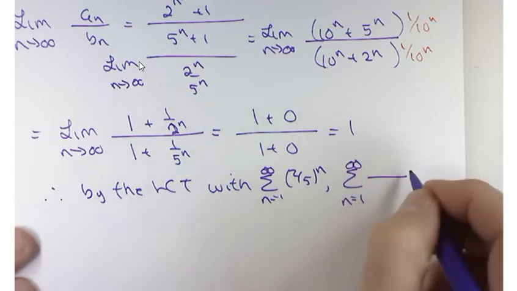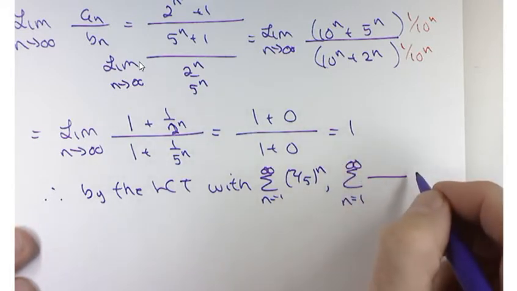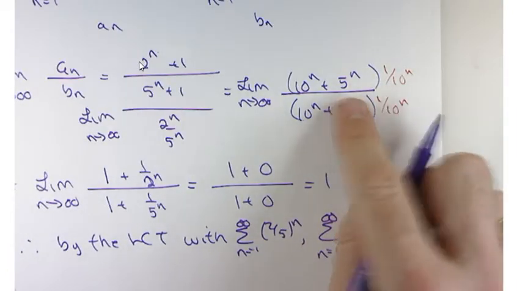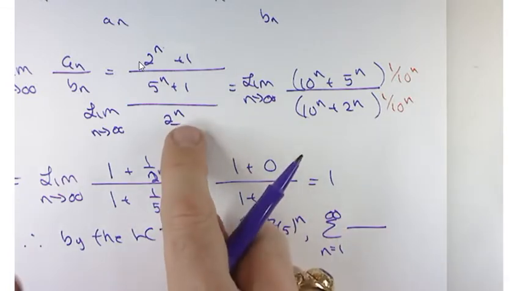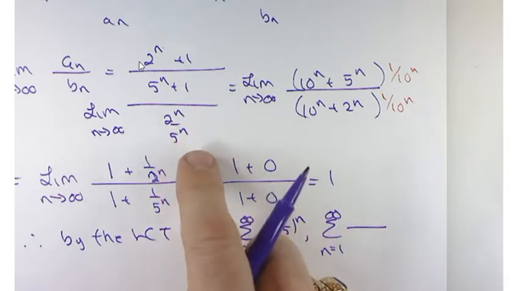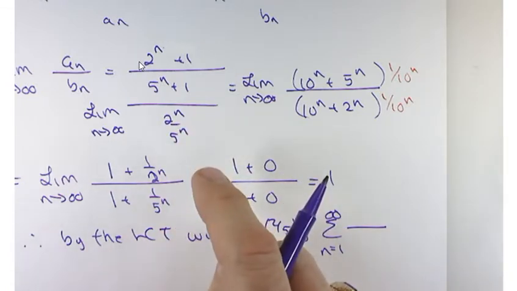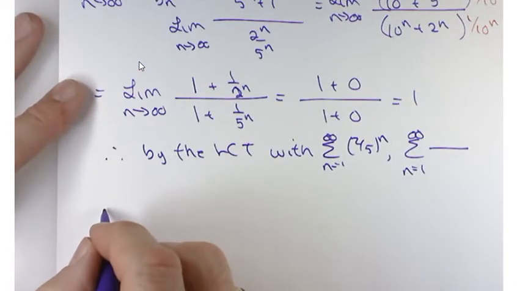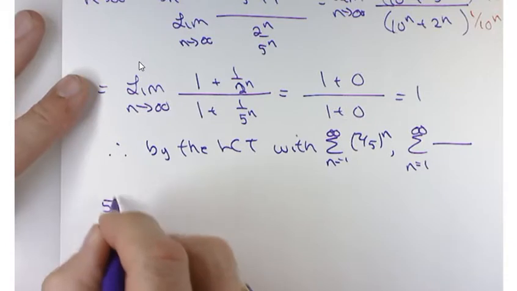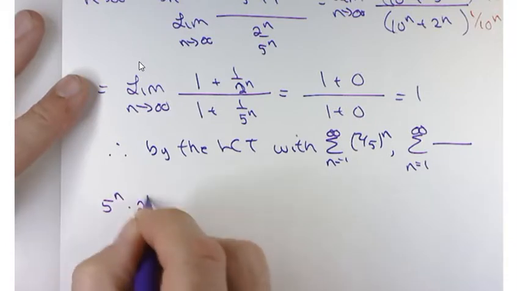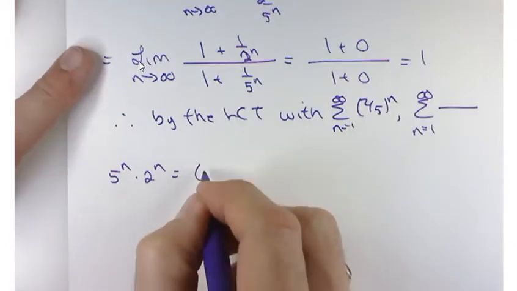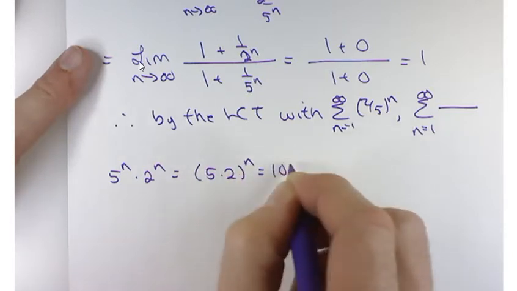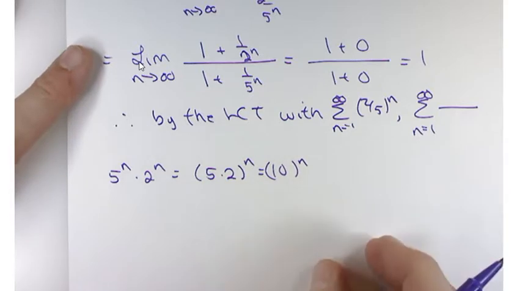When you times that, wouldn't it be 10 to the n squared? Oh, this is 1 over that. When you invert that 2 to the n on the top, doesn't that? So what's going to happen is you're going to have 5 to the n times 2 to the n, which is the same thing as 5 times 2 to the n, or 10 to the n.